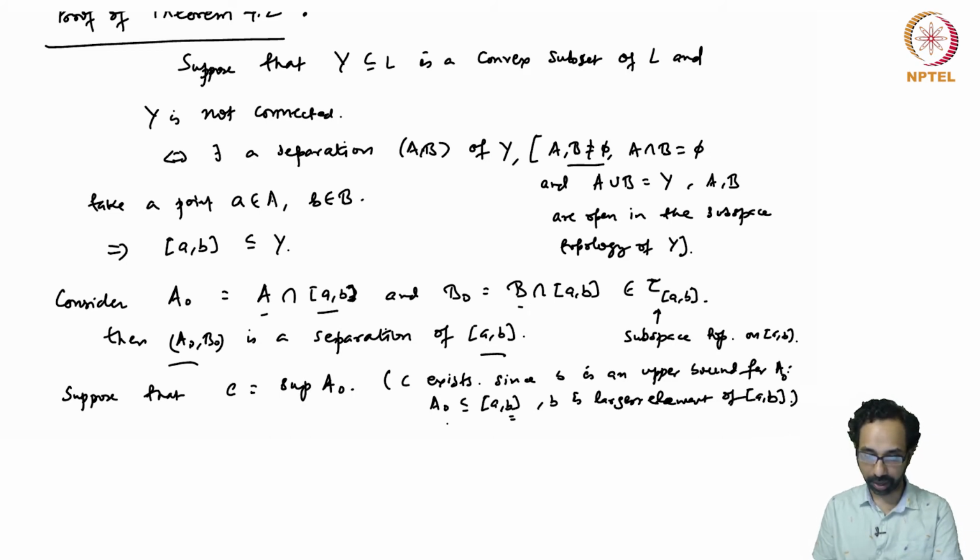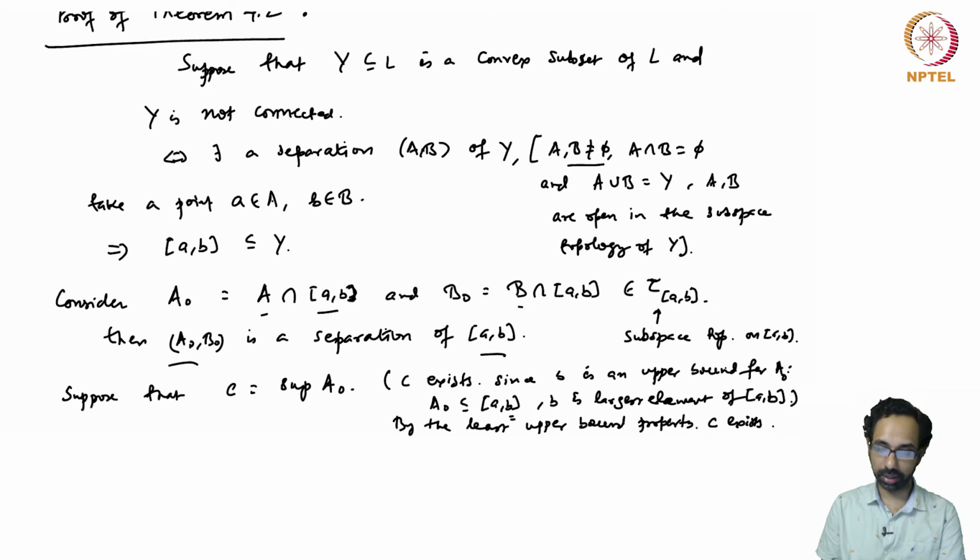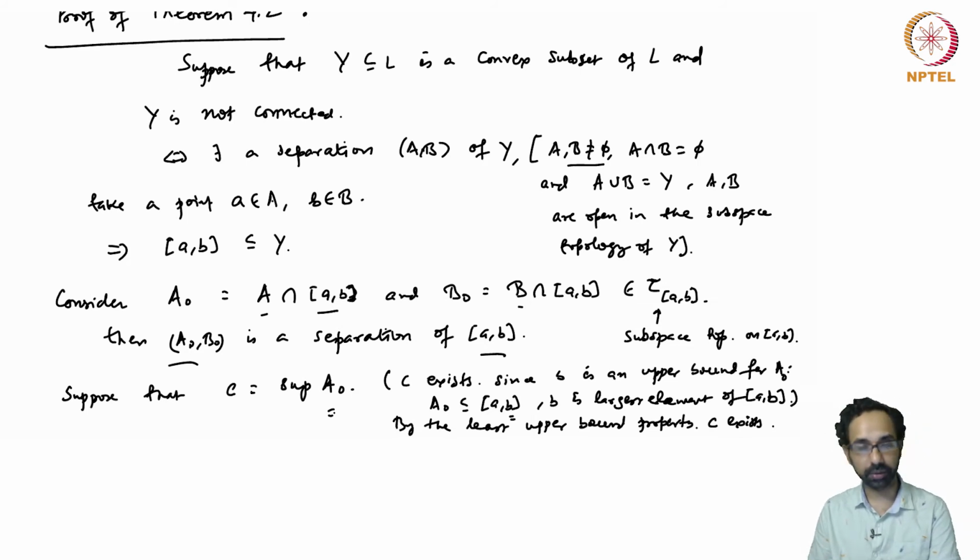So by the least upper bound property, c exists. So we have at least one upper bound, this point b is an upper bound for A0, and so the set of upper bounds is non-empty, and therefore it must have a least upper bound by the assumption on the linear continuum.